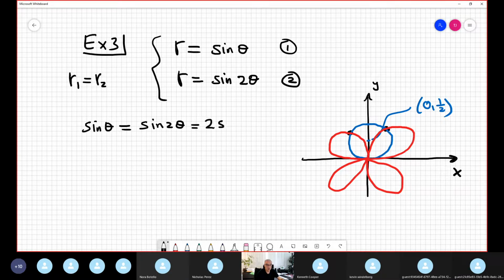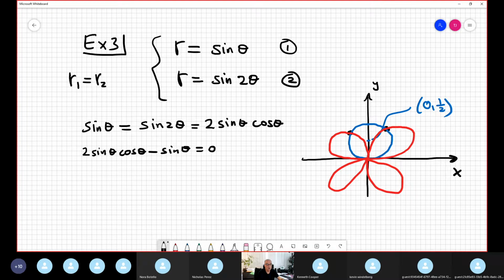I use 2 sine theta cosine theta. This is the identity of the double angle. Can you replace sine 2 theta by 2 sine theta cosine theta? Now, 2 sine theta cosine theta minus sine theta equal to 0.